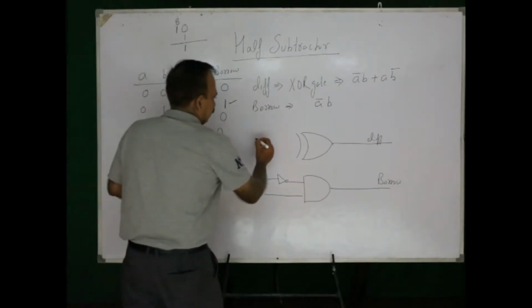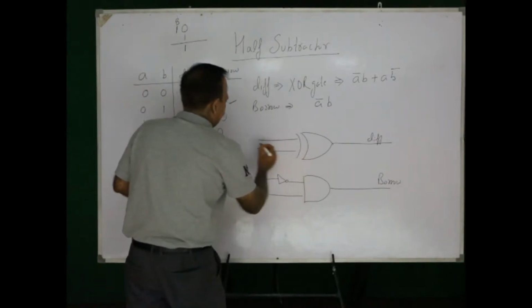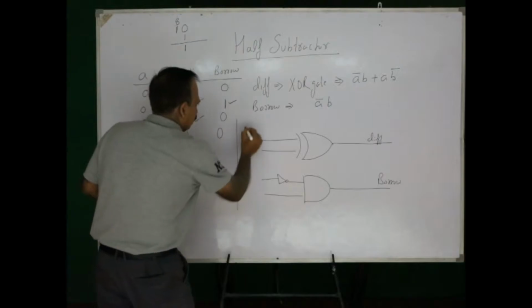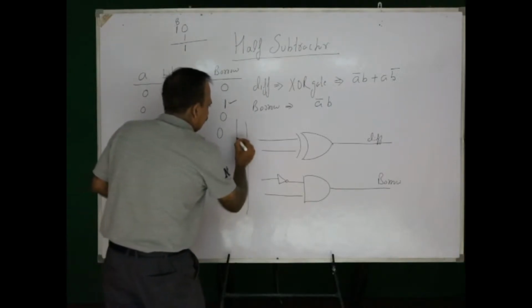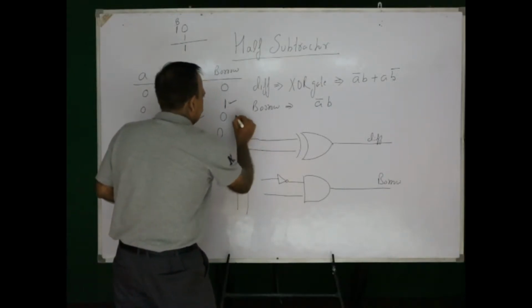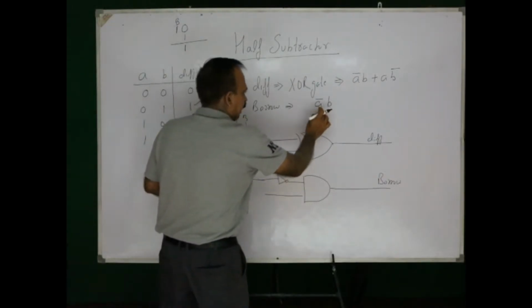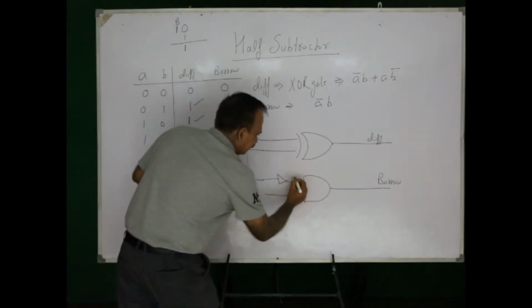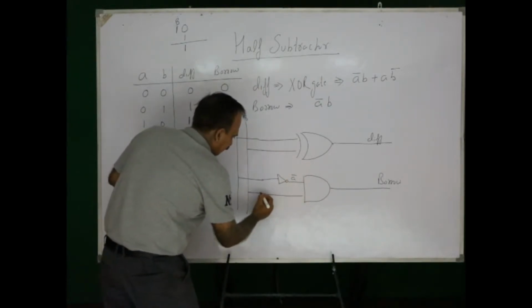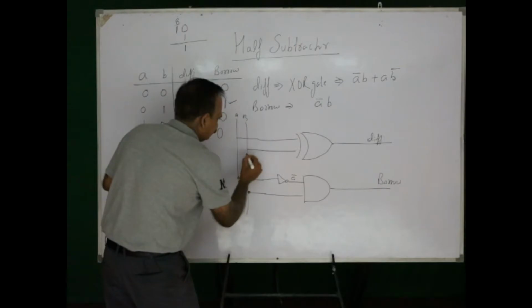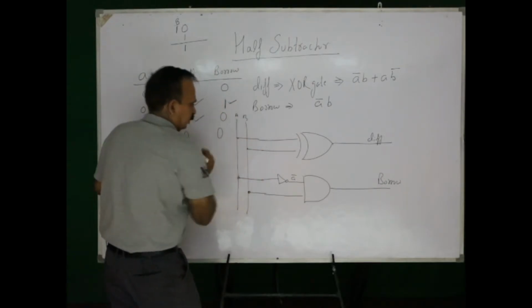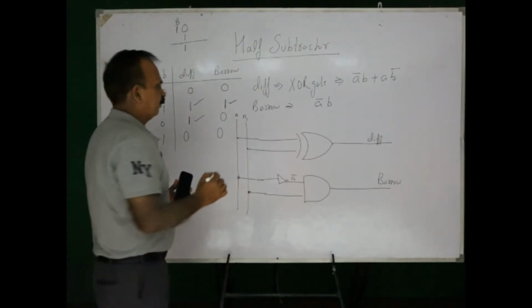Now, inputs. The inputs in the first case will be A B. For the XOR gate it will be A and this one is B, and this one is A, because I need A bar, that is why this is A, this entry will be A bar and this value is going to be B. So, A bar into B, that represents the borrow.